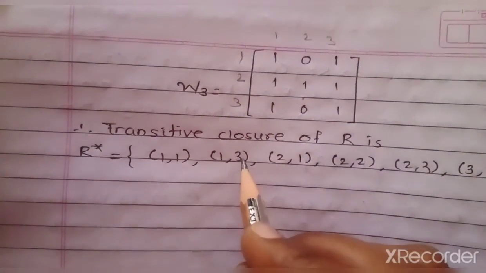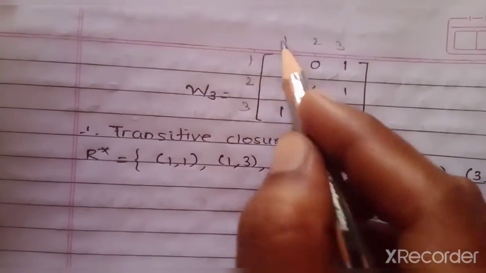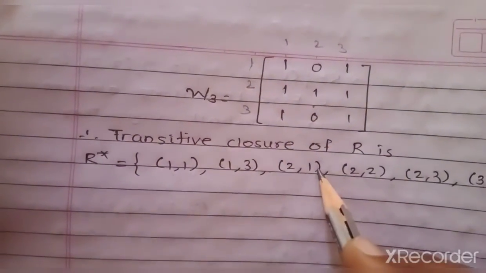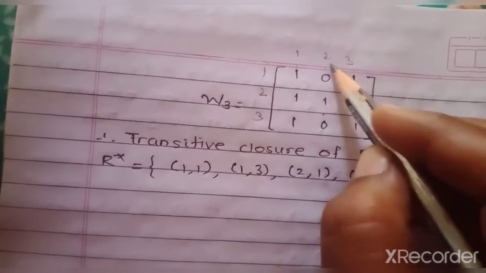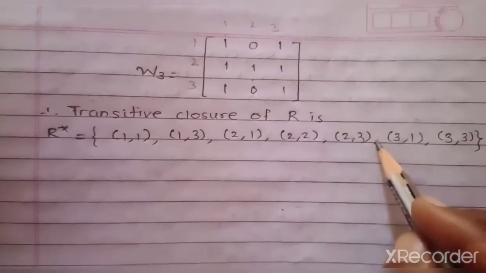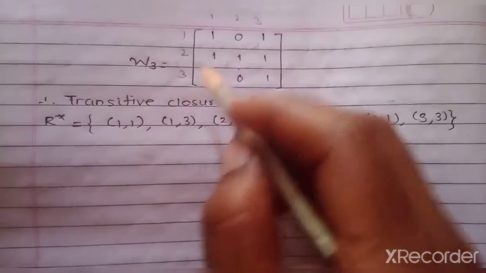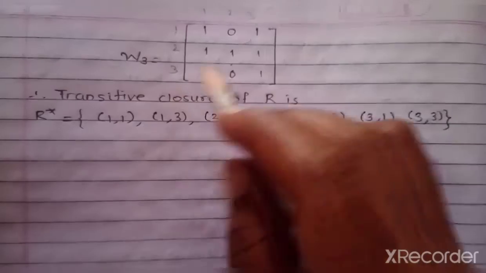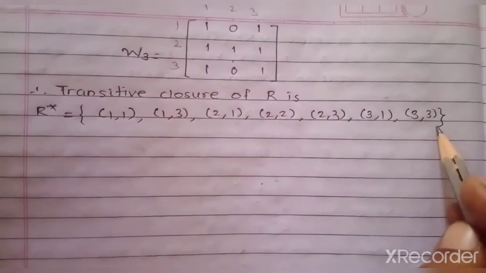Then 2 comma 1, 2 comma 2, and 2 comma 3. Next 3 comma 1, and the last one, 3 comma 3.